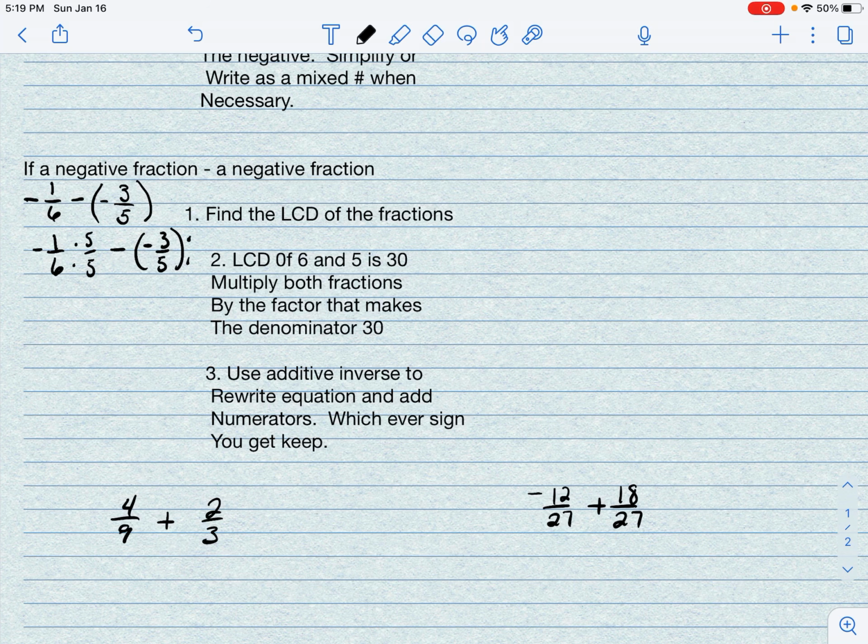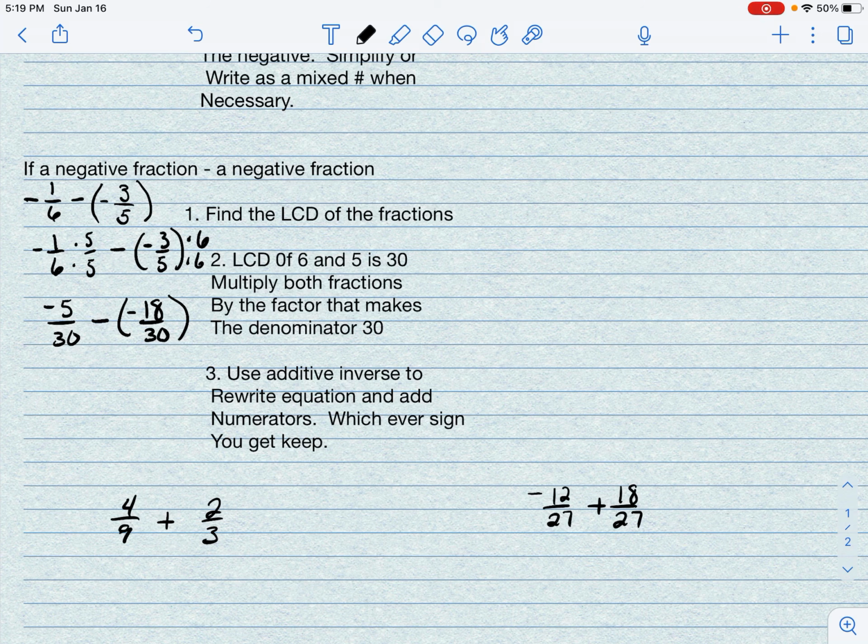We're going to multiply this one by 6. Okay, once again, 5 times 6 equals 30. So on the other end, 6 times 5 equals 30. So here you get negative 5/30 minus a negative 18/30.